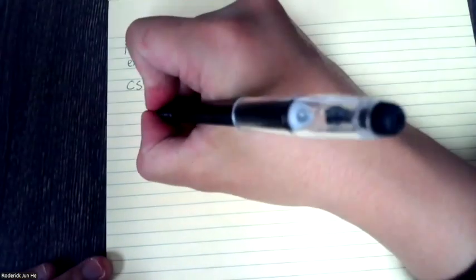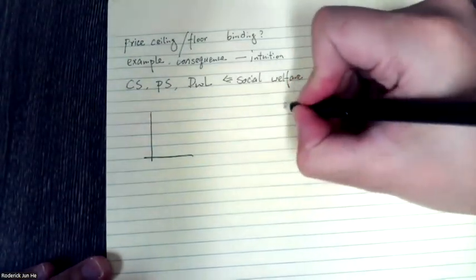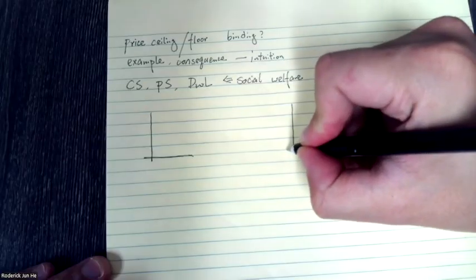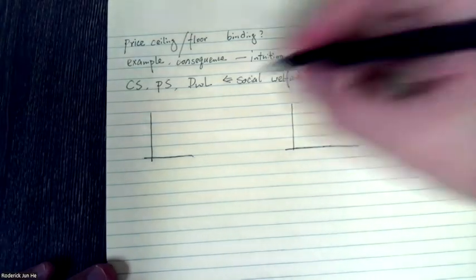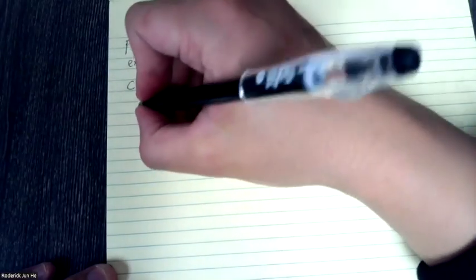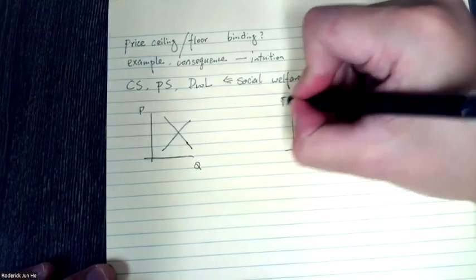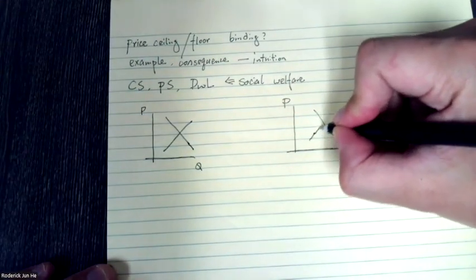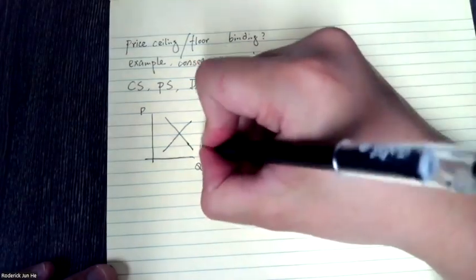So when we introduced market equilibrium, as we were talking about the dynamic feature of equilibrium, we mentioned two possible deviations, which are temporary. So we draw the setup here.